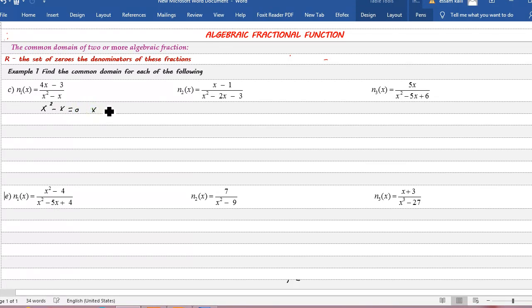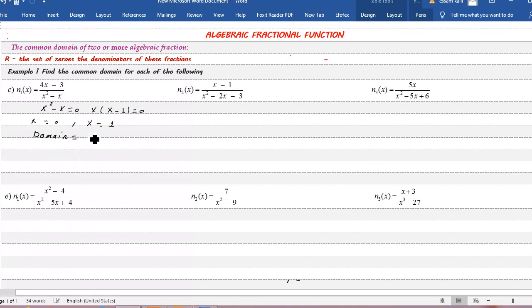Take x common factor, then it becomes x power 2 divided by x, x minus x divided by x, becomes 1 equal 0. Then x equal 0 and x, moving negative 1 to the other side, becomes 1.